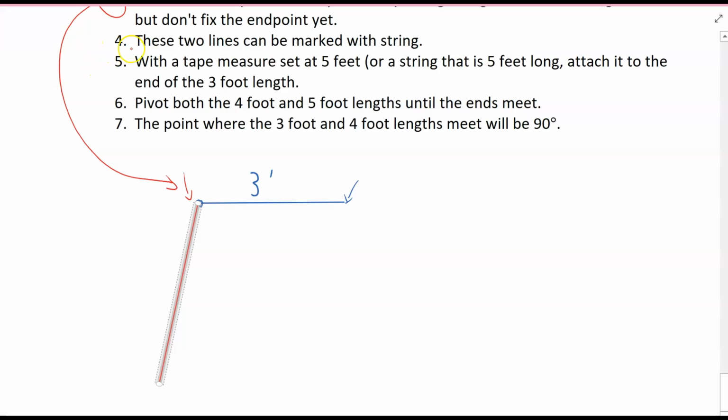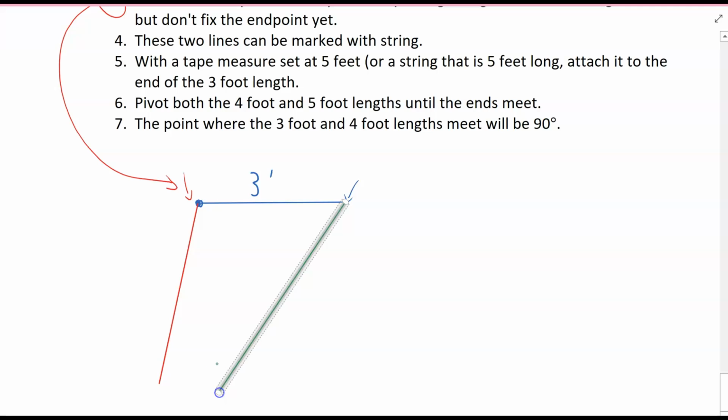These 2 lines can be marked with string. With a tape measure or another string, measure out 5 feet. And I'm going to fix it to this point here and measure 5 feet. So notice I've got this moving and I've got the red one that can still move.